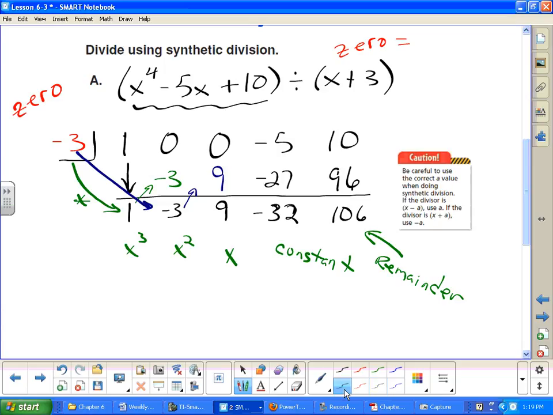So my answer is x cubed minus 3x squared plus 9x minus 32 plus 106 over x plus 3. I expect you to write it as a fraction.